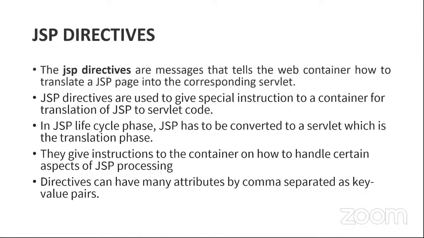At that time, these directives give instructions to the container on how to handle certain aspects of that particular page. These directives can have many attributes separated by a comma.